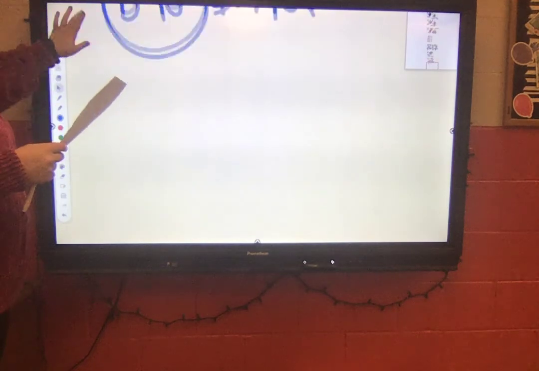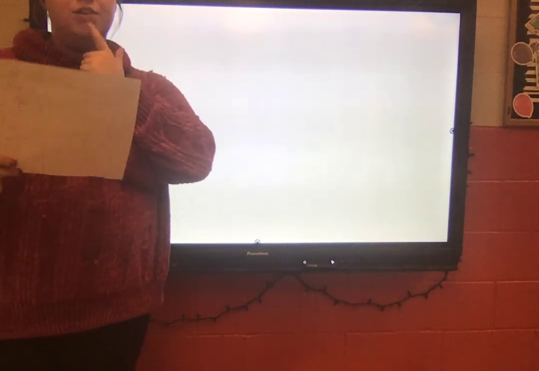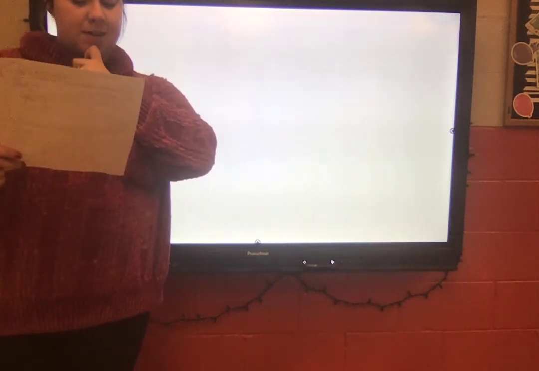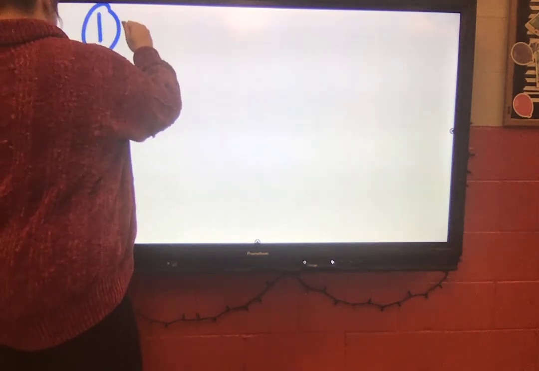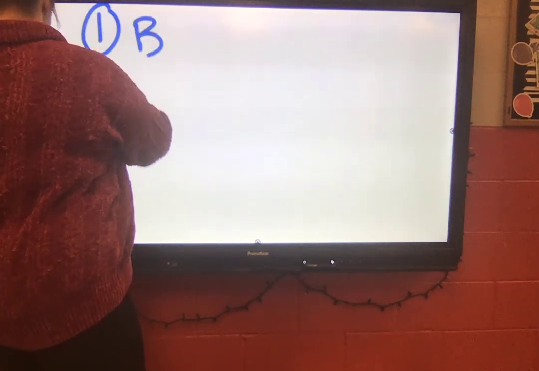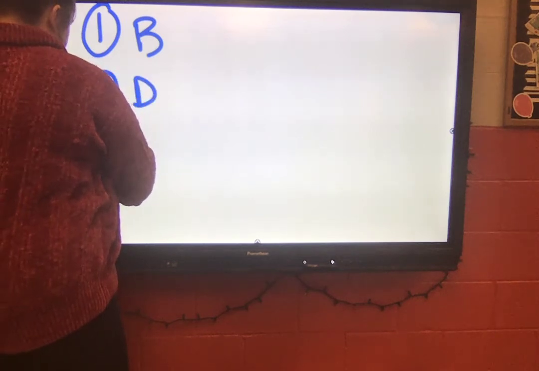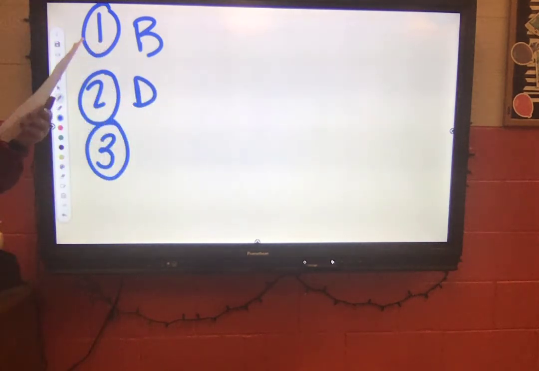Let's look at 2. Is that a right, acute, or an obtuse angle? It's a right angle, and right angles have what measurement? 90. So what should we have circled? D. Good job. Okay, number 3.